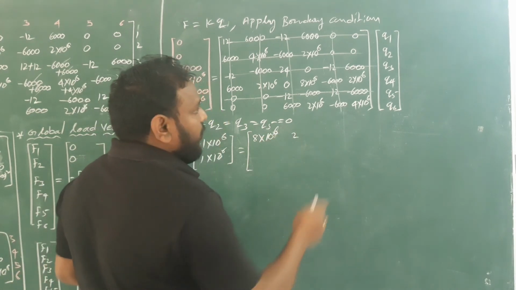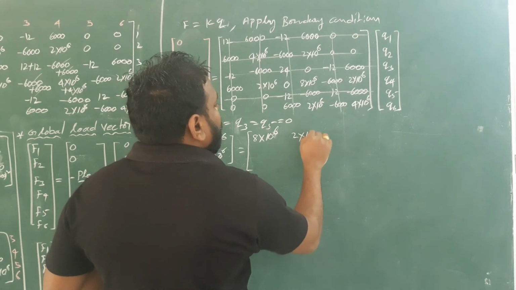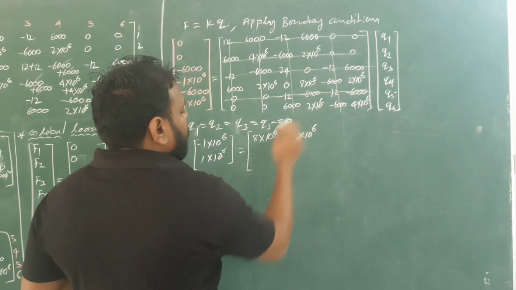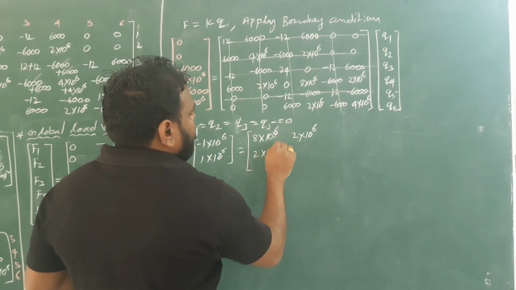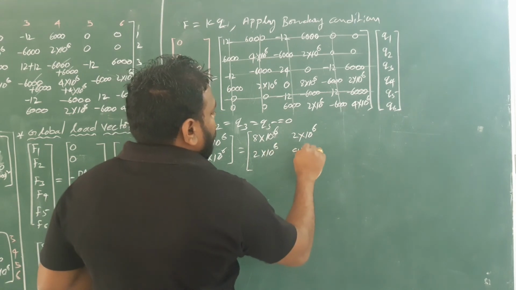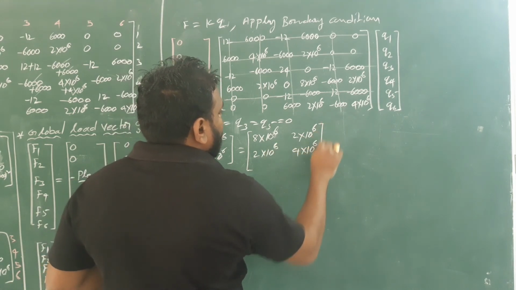At the same time here 2 into 10 to the power of 6, here 2 into 10 to the power of 6, and here 4 into 10 to the power of 6. Okay.